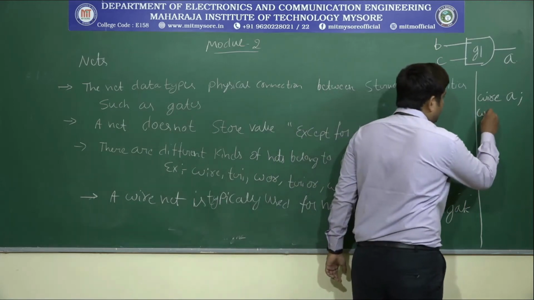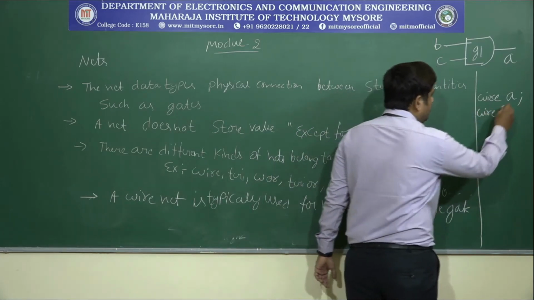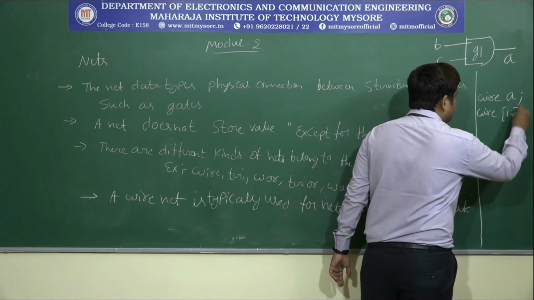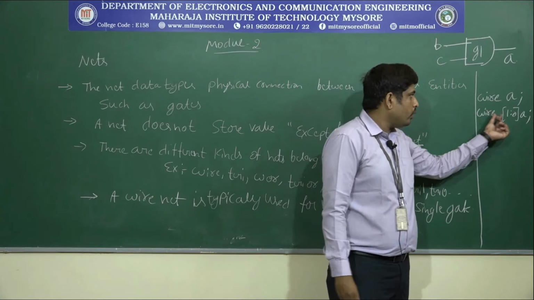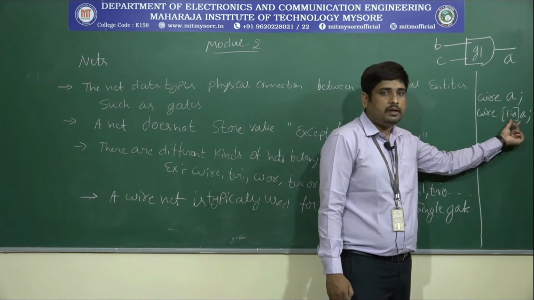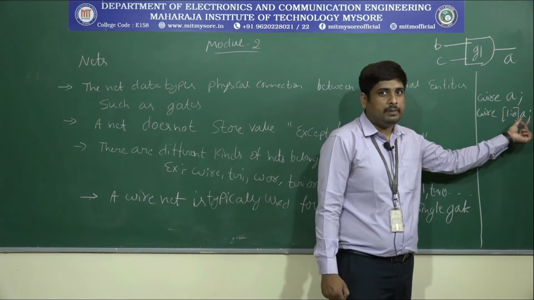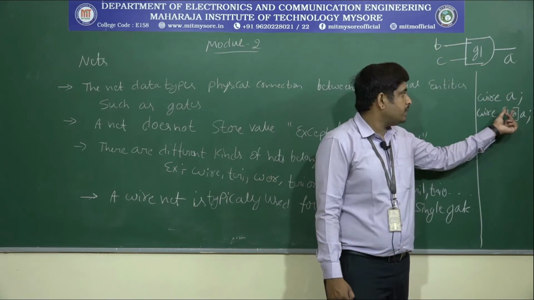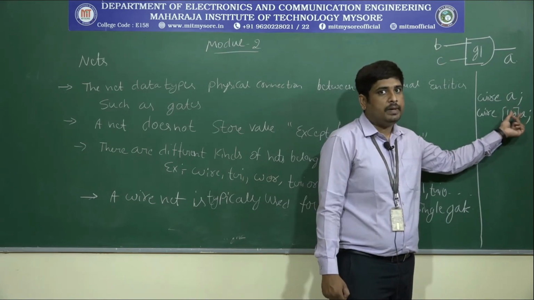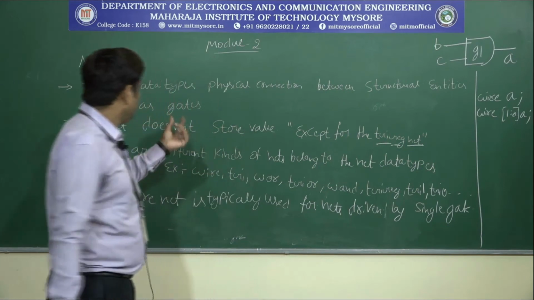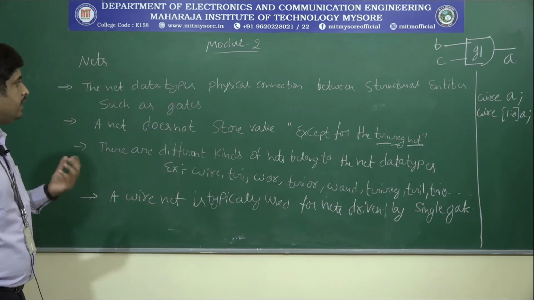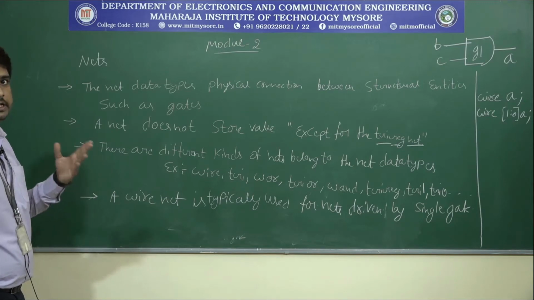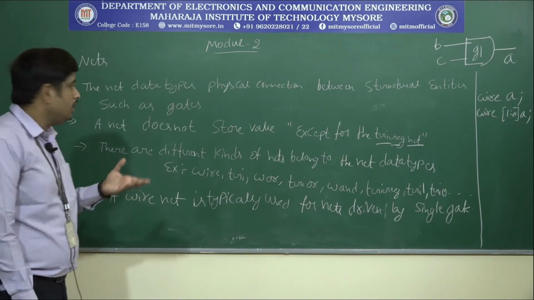Suppose we take one more example, wire [1:0] A. Here wire [1:0] A means A is a multiple bit signal. I repeat, what do we mean by net? A net is a special data type that acts as a physical connection between two digital circuits.